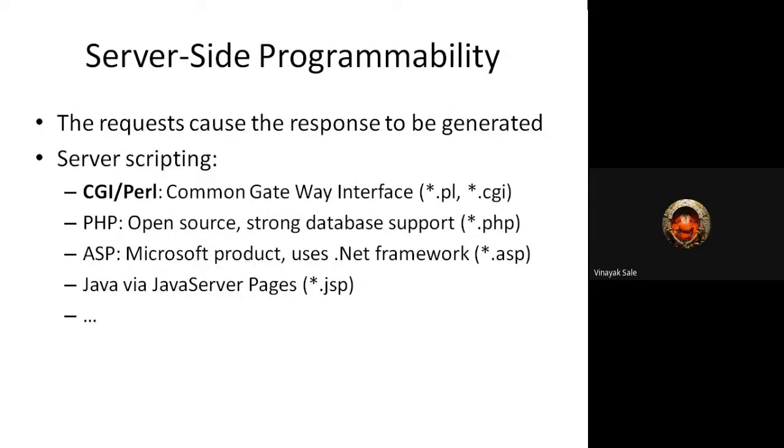Programmability on the server side: a request causes the response to be generated. For server scripting, there is CGI, Common Gateway Interface, or Perl, with file extensions .pl for Perl and .cgi for Common Gateway Interface.